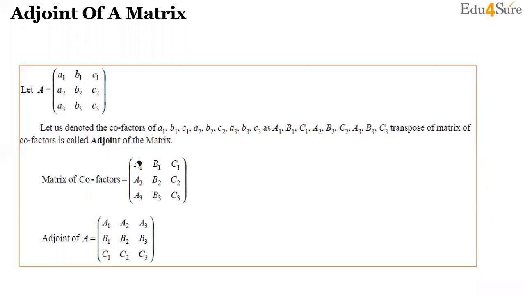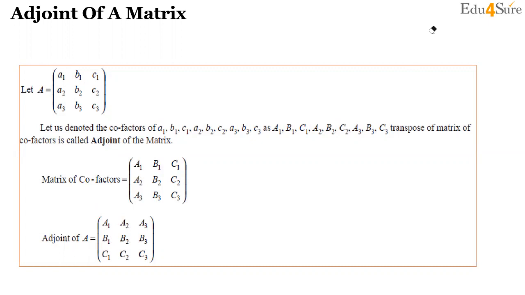Transpose means converting every row to a column. You can see here A1, B1, C1 is your row, it becomes a column now. A2, B2, C2 is your row, it becomes a column now. A3, B3, C3 is your row, it becomes a column now. So once you transpose this, it becomes the adjoint of A.